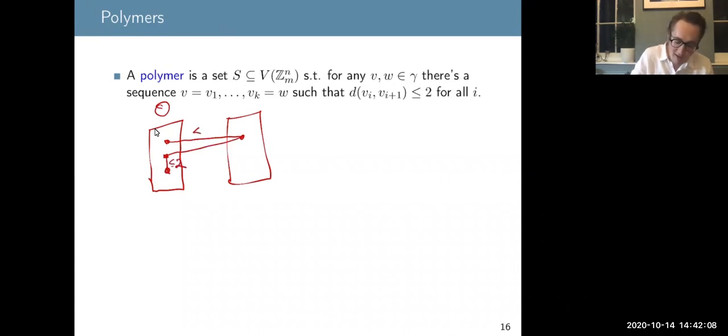So if you like, in graph theory language, the square of the graph induced on these vertices is connected. So between any two vertices in my polymer, I can walk from one vertex to the other, and each step in my walk, the two vertices are at distance at most 2. So in other language, G squared of S is connected.